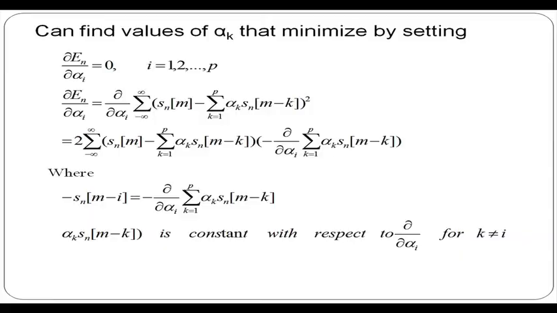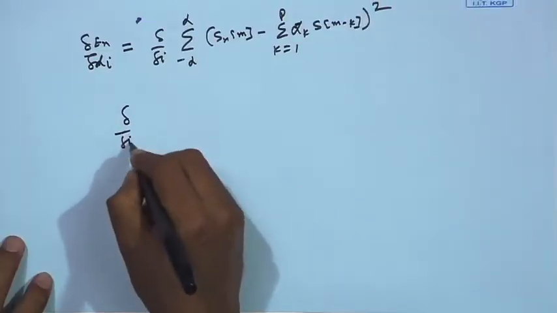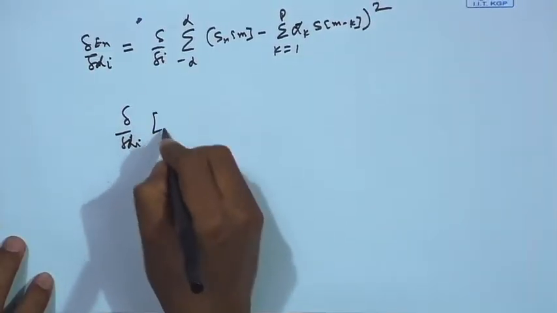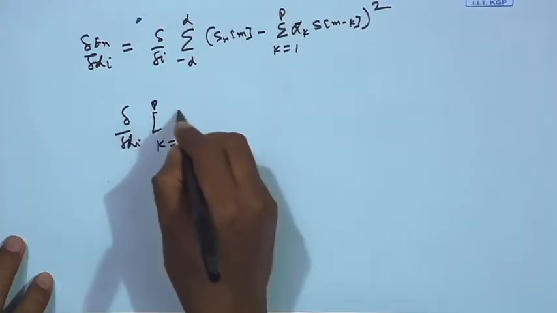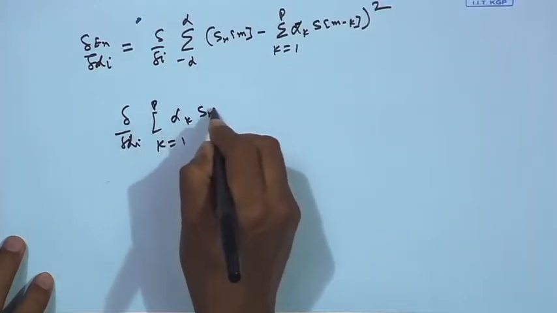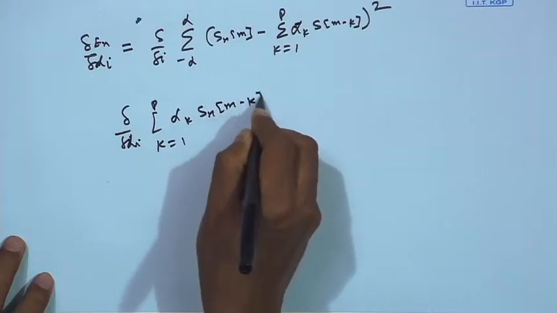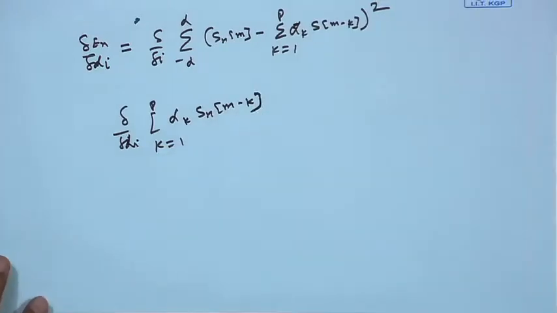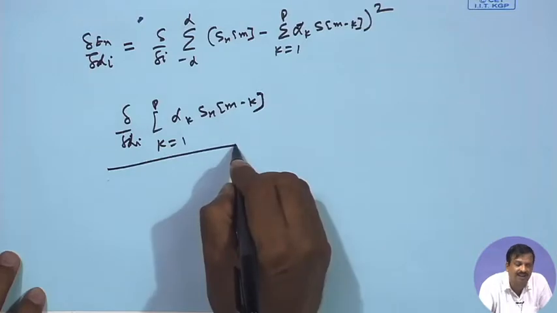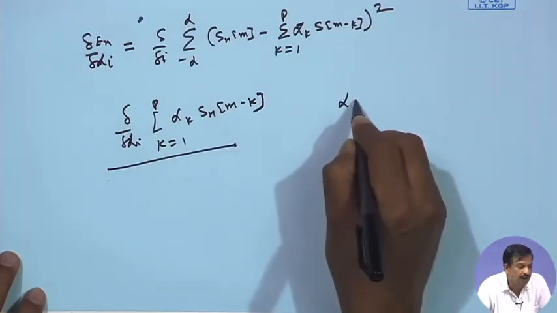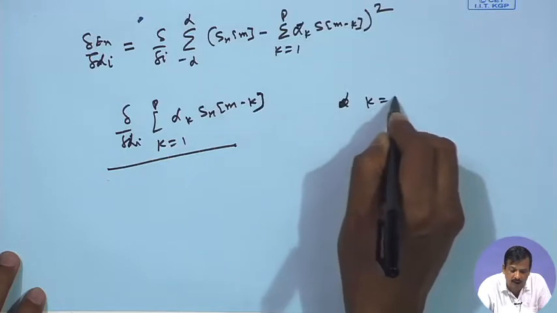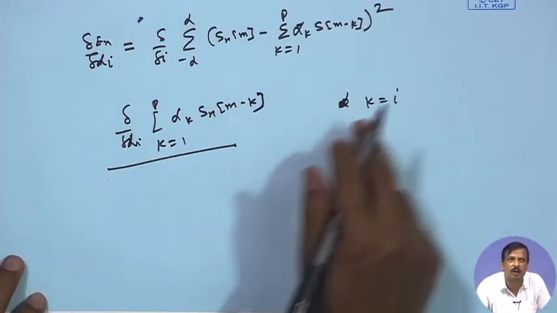Now, if you see this derivative d by d alpha i of the sum over k equal to 1 to p of alpha k s n m minus k, it only exists when k is equal to i.